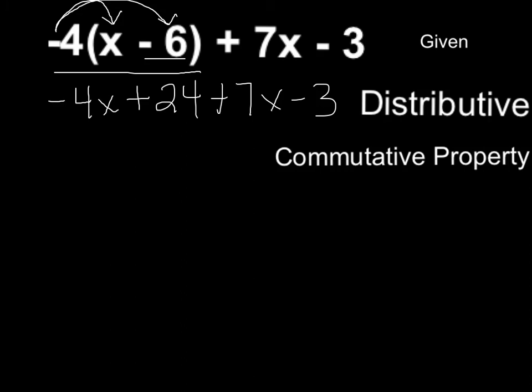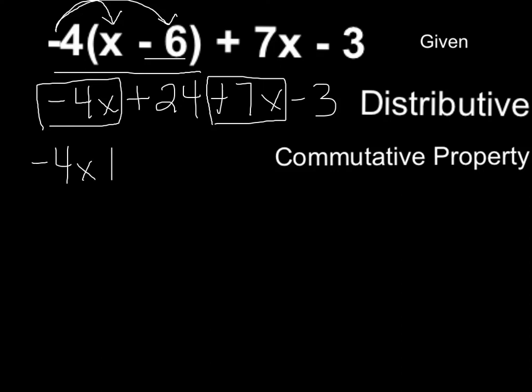I'm looking for all of my like terms, and I know that negative 4x, I'm going to draw a rectangle around that, goes with plus 7x. So I would write those two rectangles together. Negative 4x plus 7x. Okay.